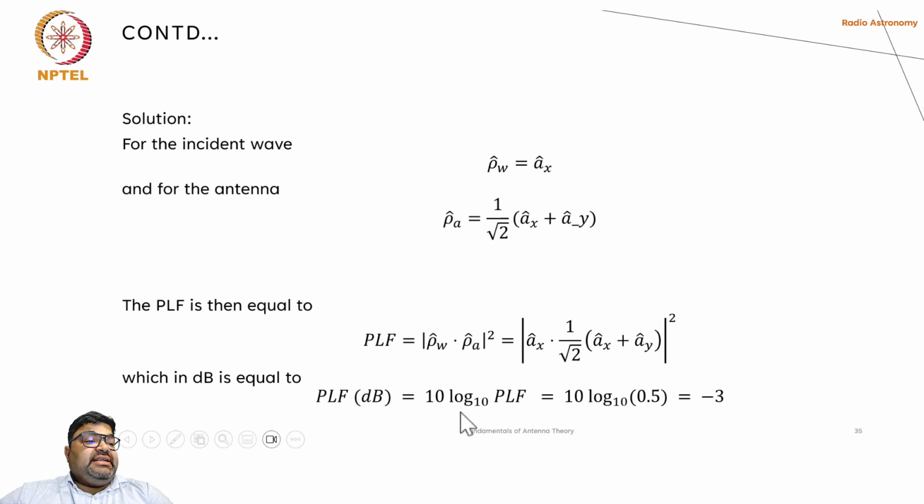So PLF in dB is 10 log 10 of PLF in linear scale, which is given as minus 3 dB loss. Okay, so this is about 0.5, and in dB, 10 log 10 of that is essentially minus 3.